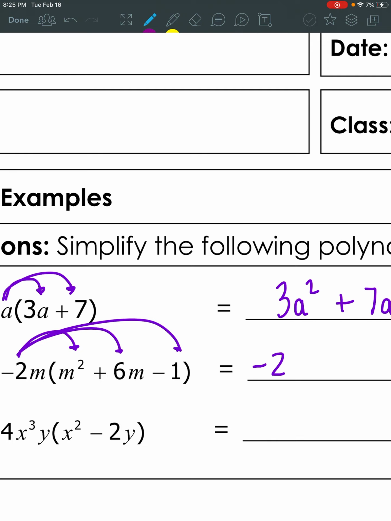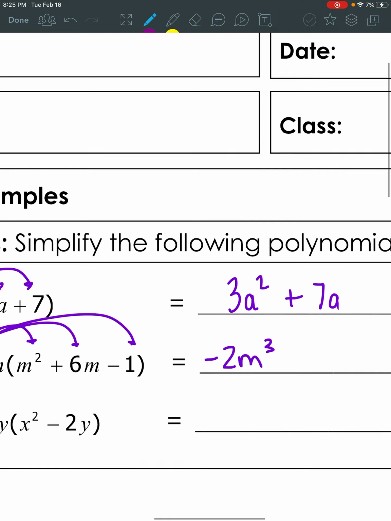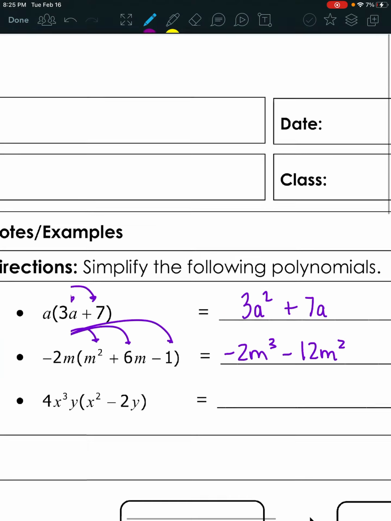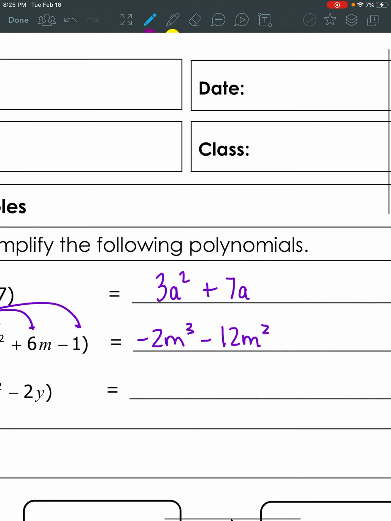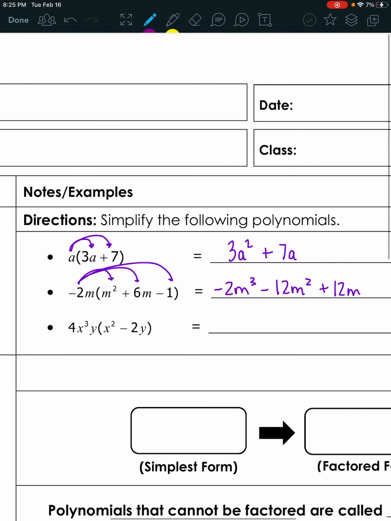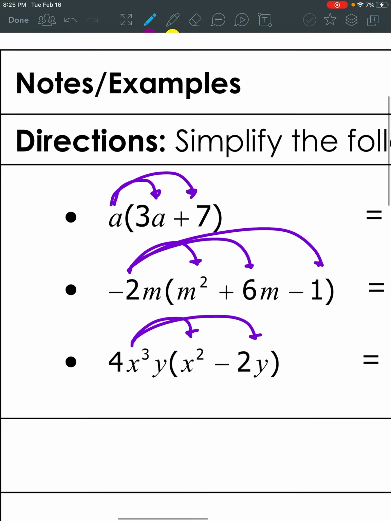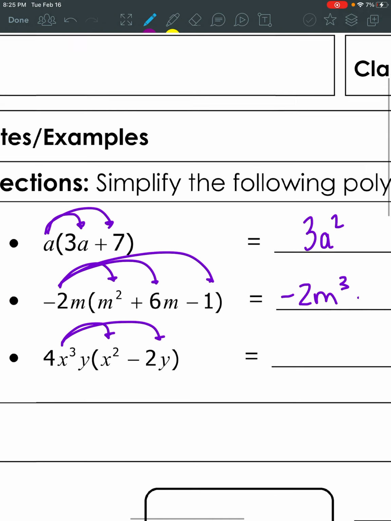So negative 2m cubed minus 12m squared, and then negative times a negative, so it'd end up plus 12m. Next one, we would distribute this longer monomial, 4x cubed y, and multiply by that binomial.